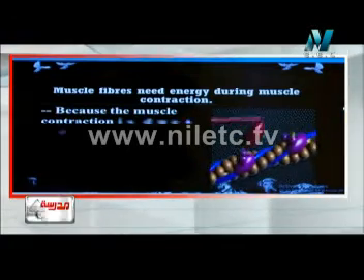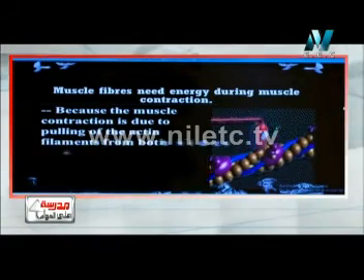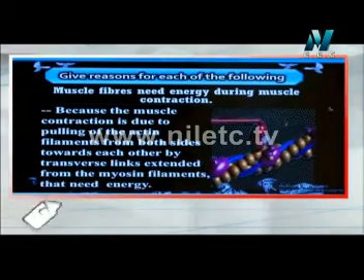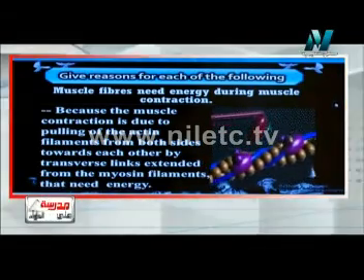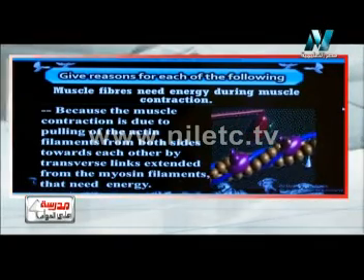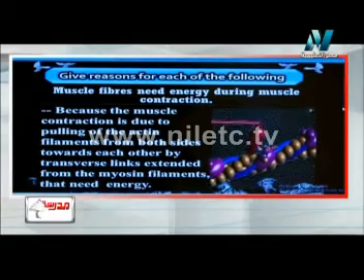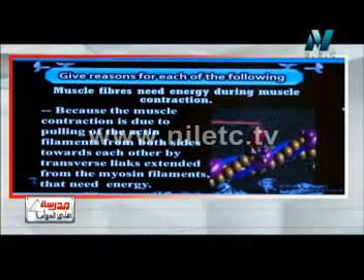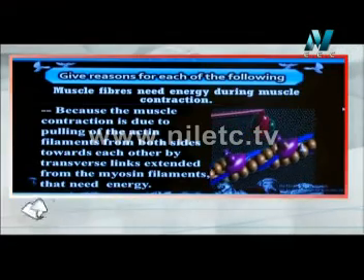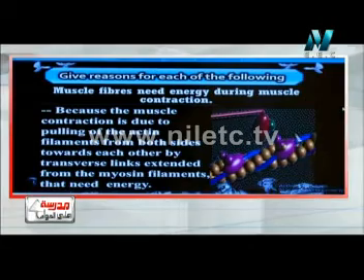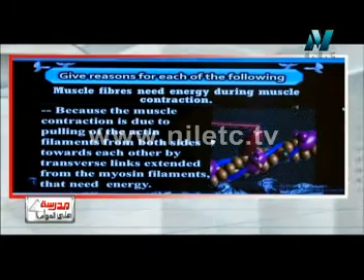Muscle fiber needs energy during muscle contraction. The muscle fiber needs energy during the muscle contraction because the muscle contraction takes place by pulling of the actin filaments at the two sides of the myosin filaments, by the transversal links that extend from the myosin filaments that need energy.